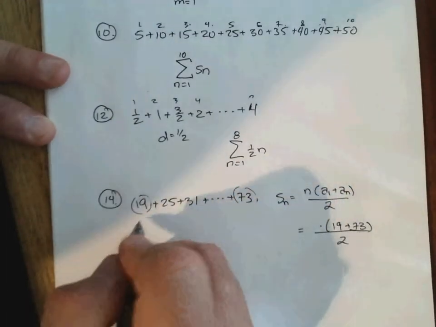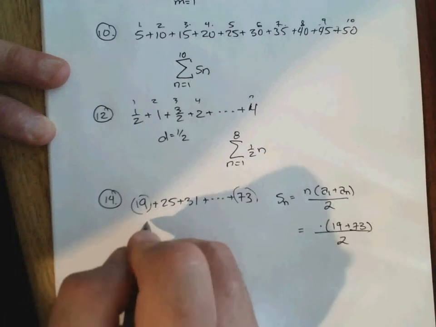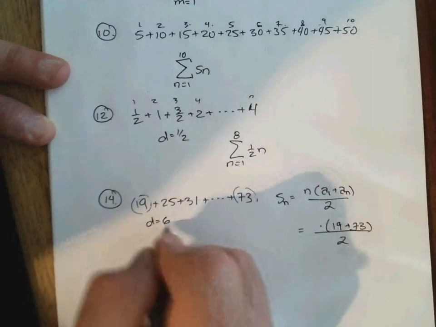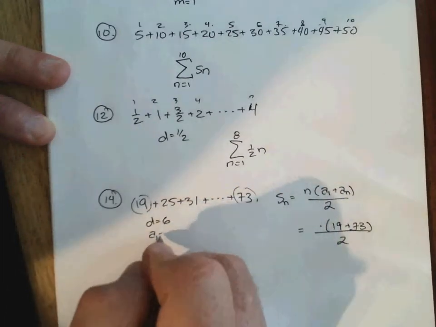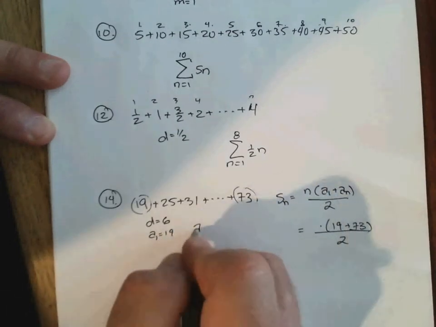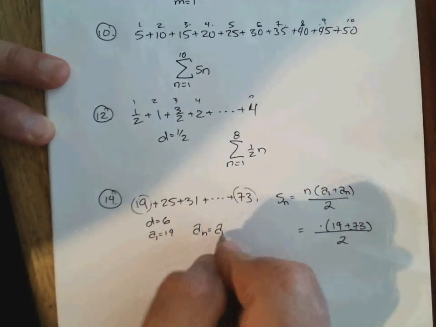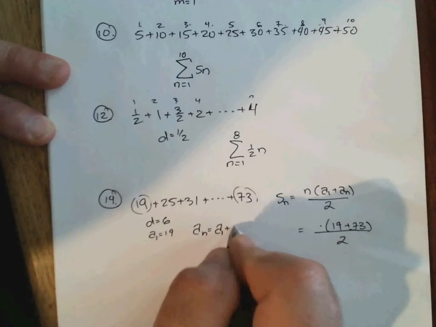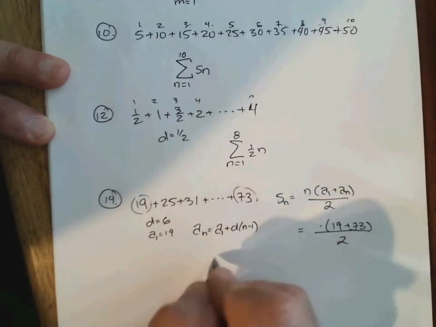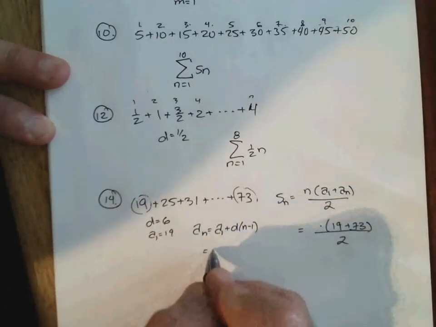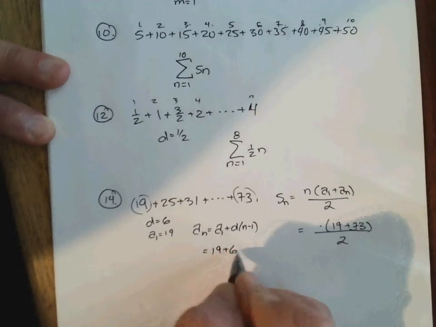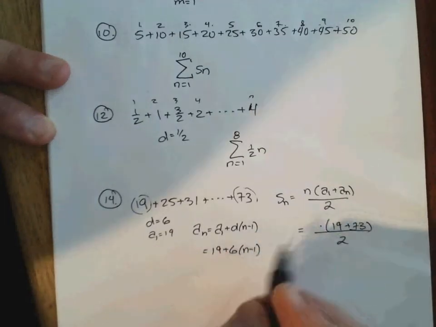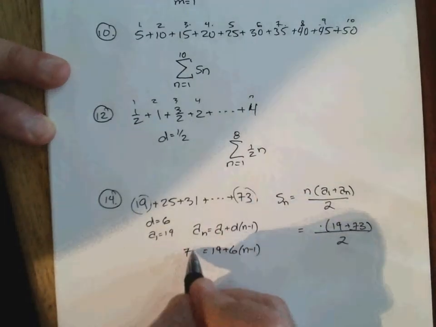So I have to figure out how many terms are here. The common difference, I'm adding 6 every time. The first term is 19. And so a sub n is a sub 1 plus the common difference times n minus 1, is our formula. That is 19 plus 6 times n minus 1. And I want to know, when is that equal to 73?